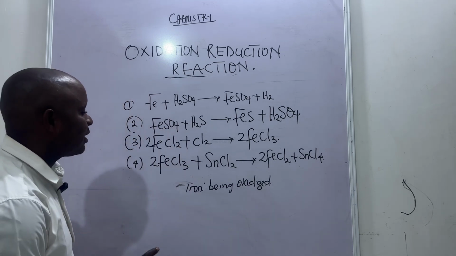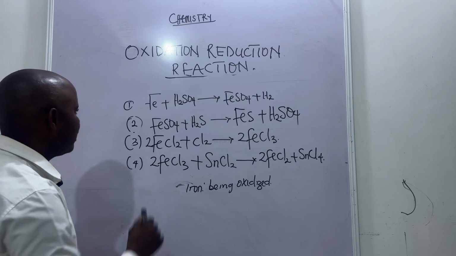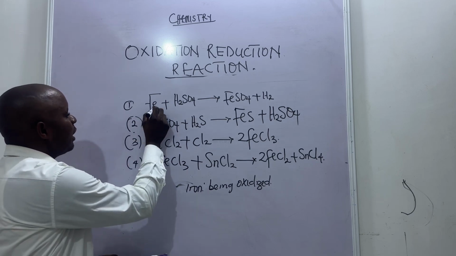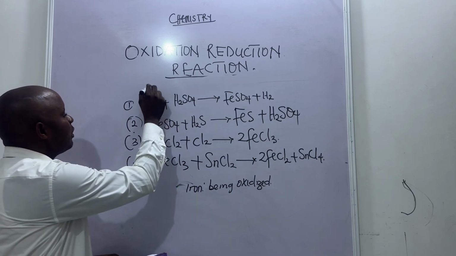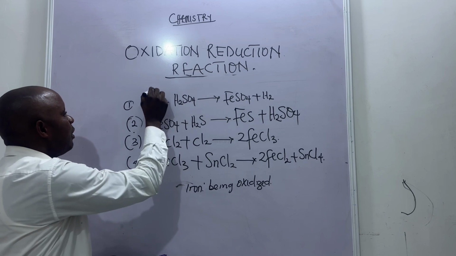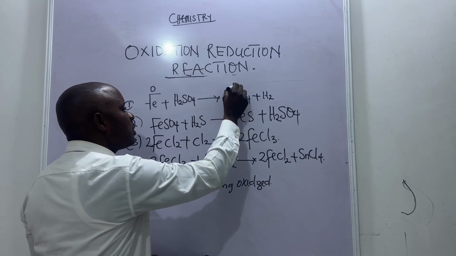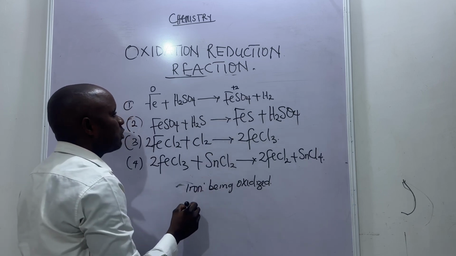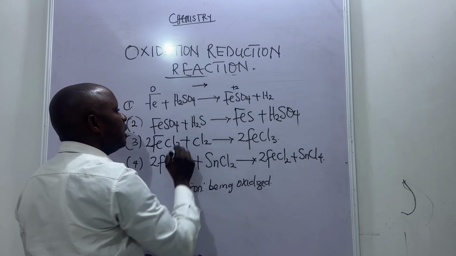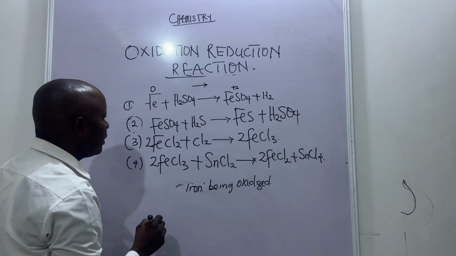I'm going to analyze this in a very simple manner. Looking at reaction 1, the oxidation state of free iron is 0. From here, iron is +2. That is, it increases.